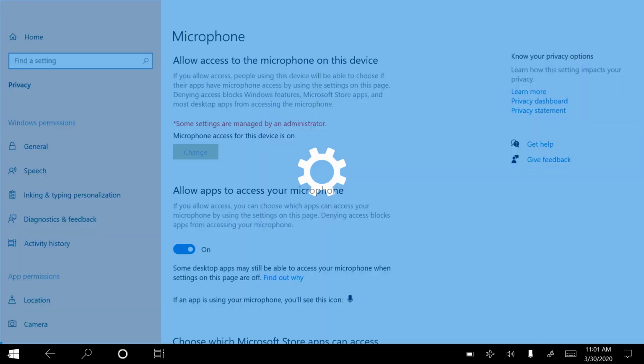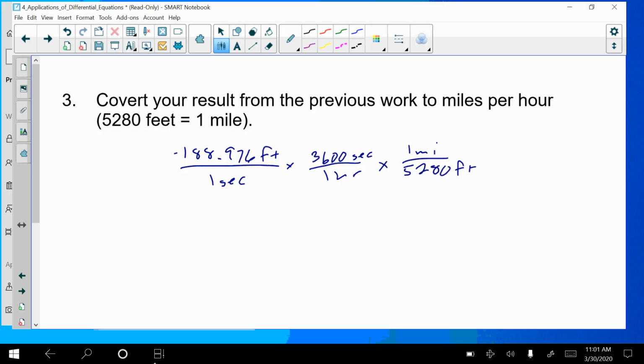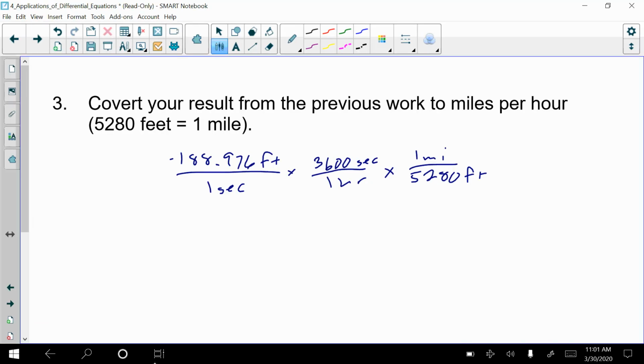Sorry about that. I have no idea what I hit, but anyway, you can see very quickly what the units are going to do here. The feet here and the feet here simplify to be 1. The seconds here and the seconds here simplify to be 1, leaving us our answer in terms of miles per hour.